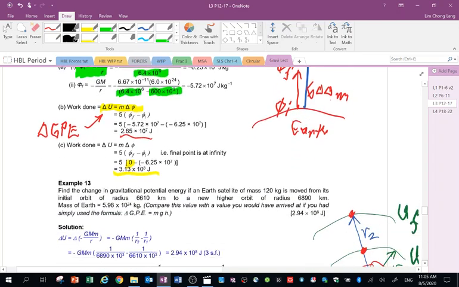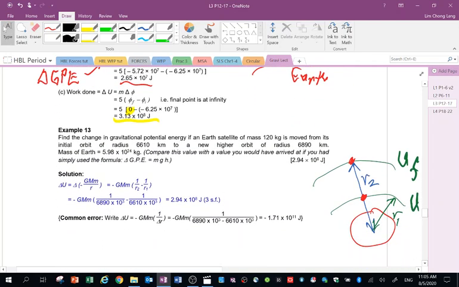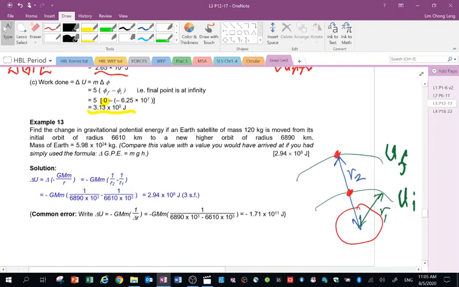That's example 12. Example 13 is about changing the height of the satellite. You are going to move the satellite, which is 120 kg, from a lower orbit, 6,610 km, to a higher orbit, radius 6,890 km.